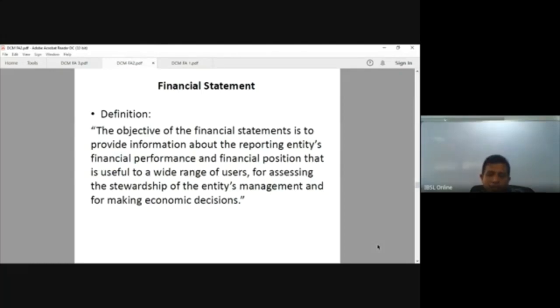Financial performance means profit or loss, and financial position means assets and liabilities, right? This is useful to a wide range of users for assessing the stewardship of the entity's management and for making economic decisions.